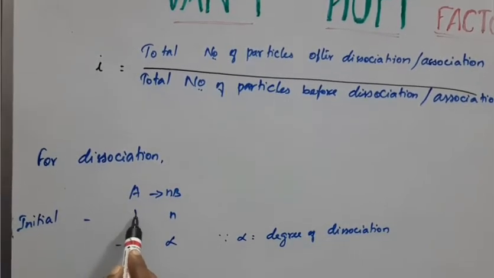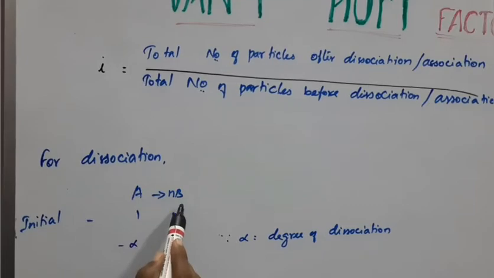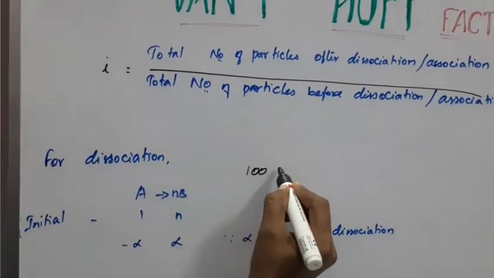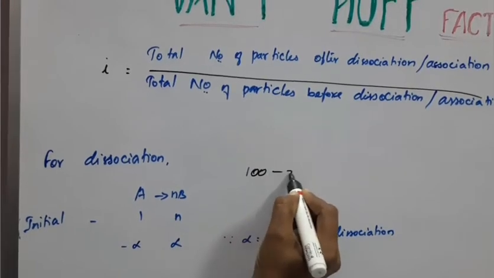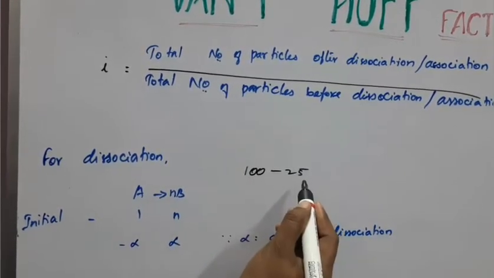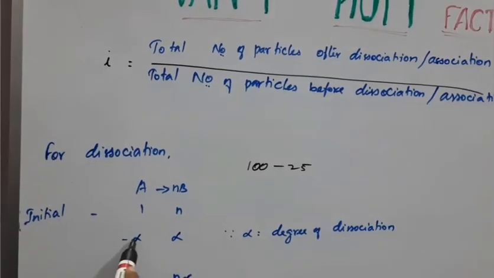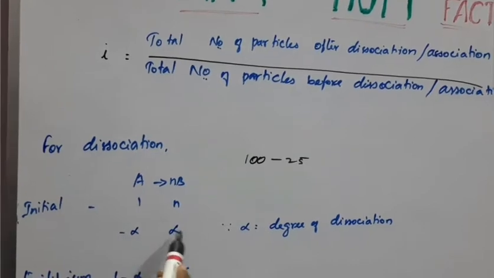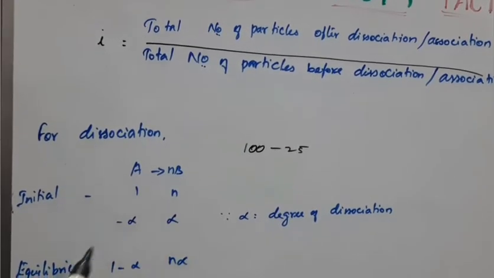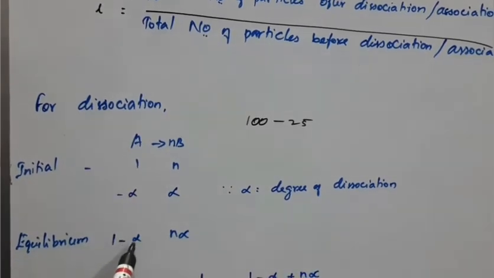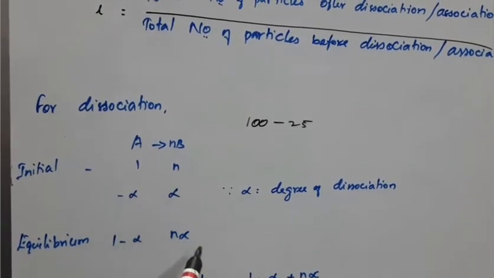For example, 100 moles converted to give 25 moles, so that is 100 minus 25. So we can use 1 minus alpha dissociated and n alpha formed. Then in equilibrium conditions, we have 1 minus alpha and n alpha.